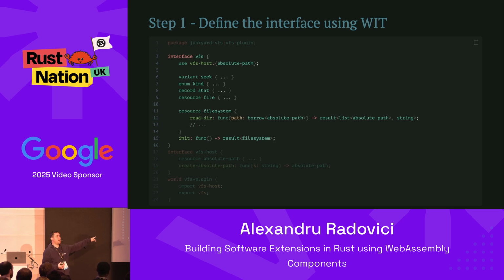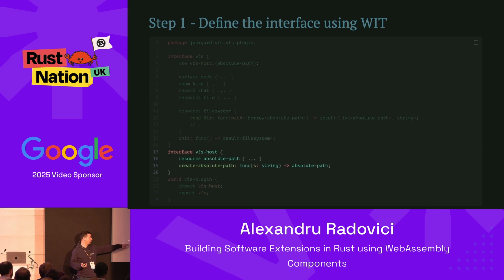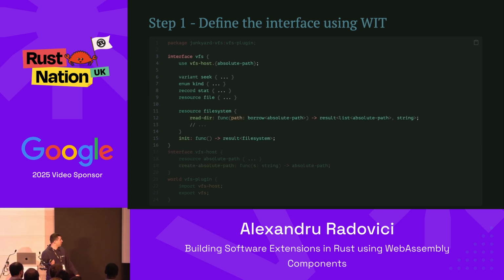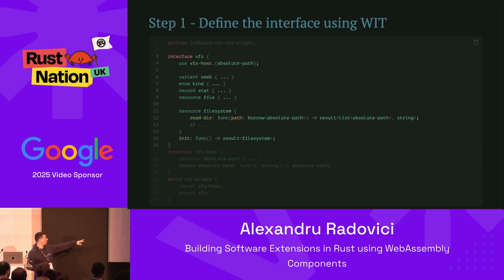I didn't put a path as a string because I want to make sure paths are normalized and I don't have really crazy double dots or dots in the path. So I defined a resource which is called absolute path, and the function to create it. I could have done a constructor, but yeah. To use the absolute path, I need to import it into this interface.